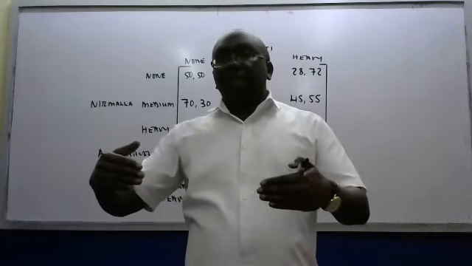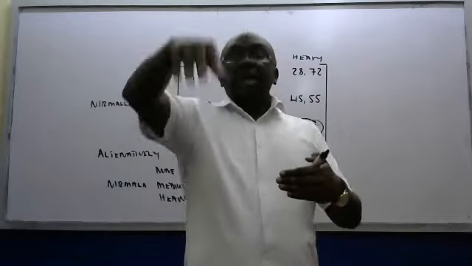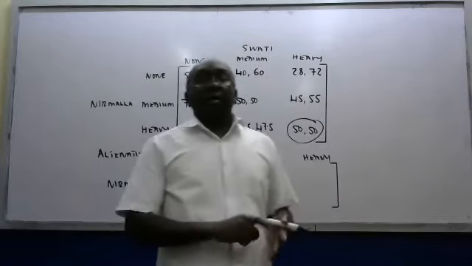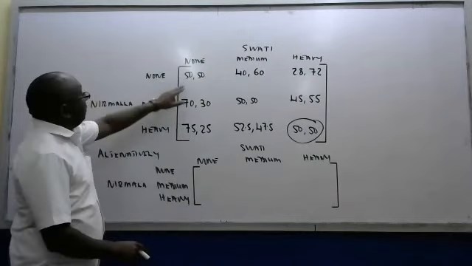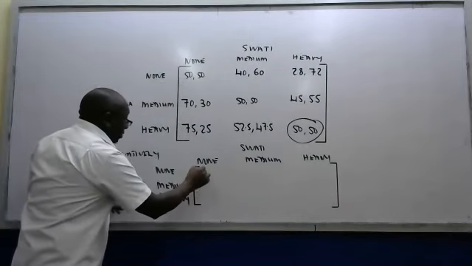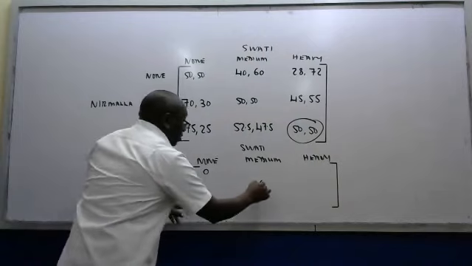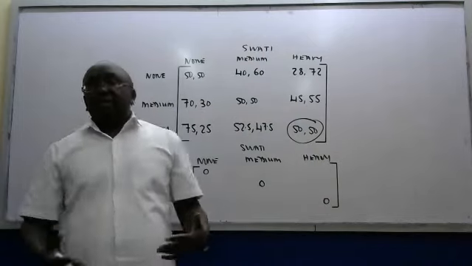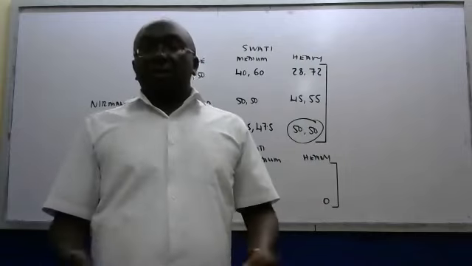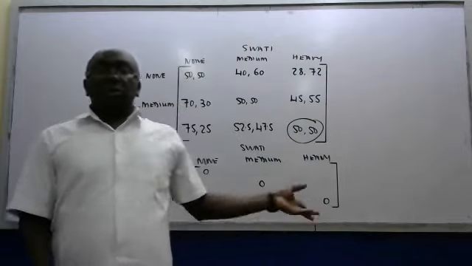Then as you start moving, the difference shows. So the same level is 50-50. So Nimara will have 0 here, 0 here, and 0 here, because starting at 50 and ending at 50, he has gained nothing or lost nothing. So 0, 0, 0.